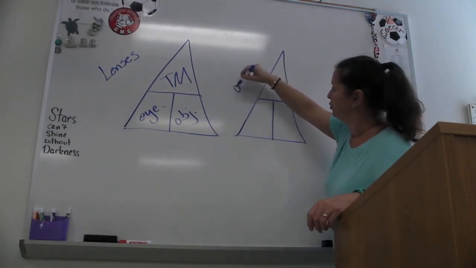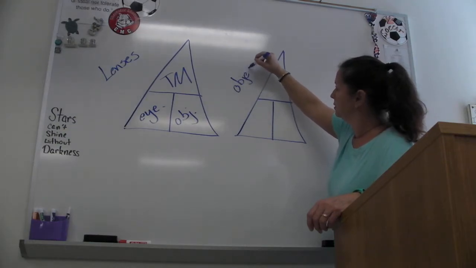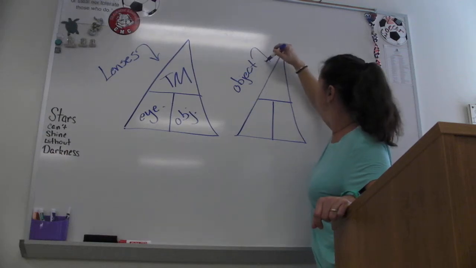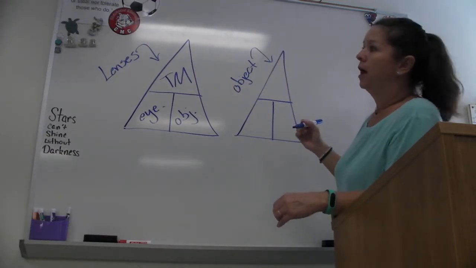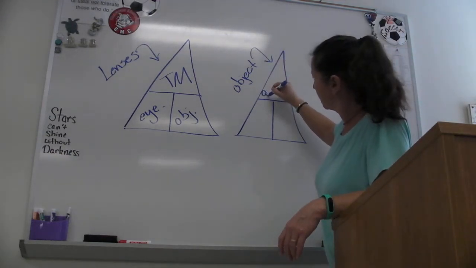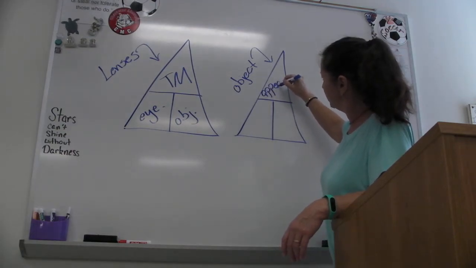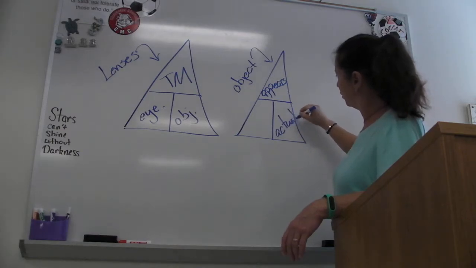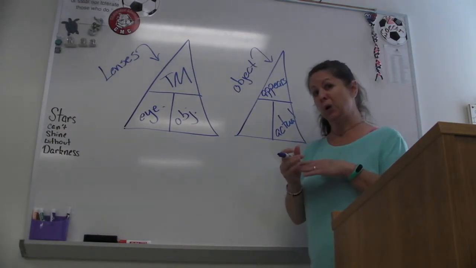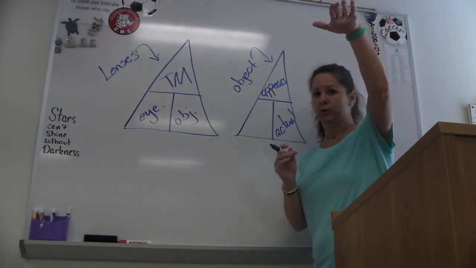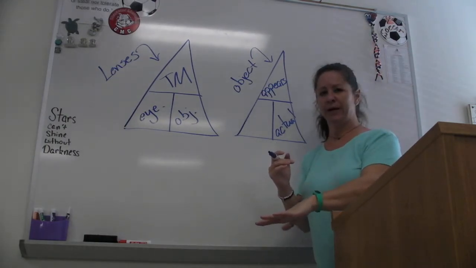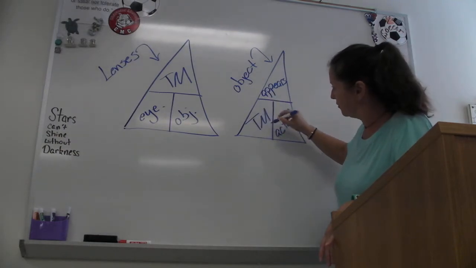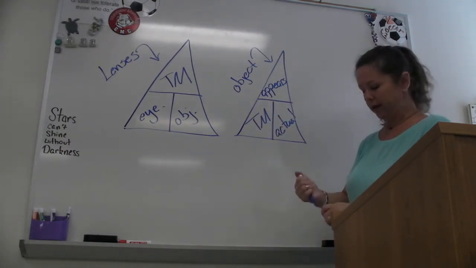For your object, your appears is divided by your actual. Remember, if you are doing an equation in math, whatever's written on top gets divided by what's on the bottom. And then you put your total magnification in the blank.